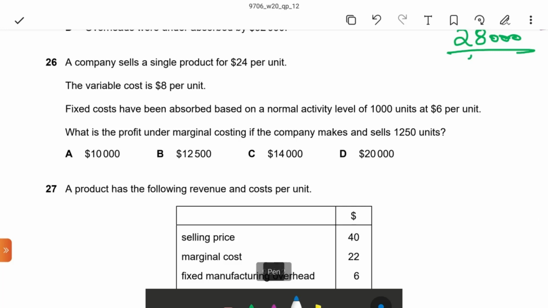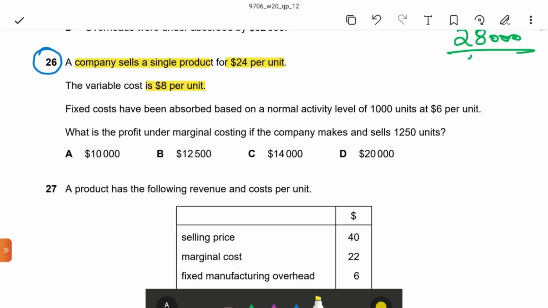26. A company sells a single product. The selling price is 24 per unit. The variable cost is given as $8 per unit.